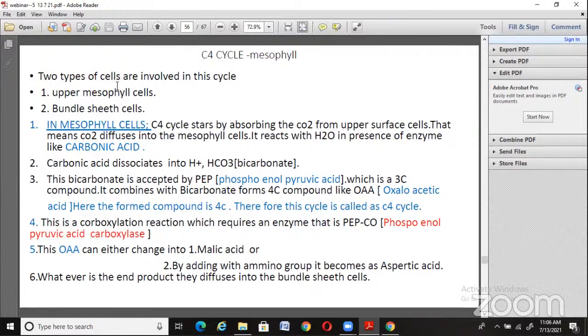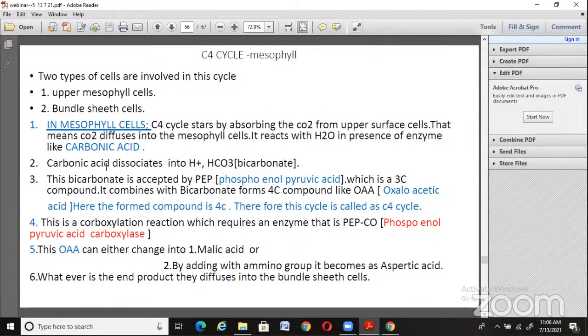So two types of cells are involved in completing this cycle. The first one is mesophyll cells and the second one is bundle sheath cells. In mesophyll cells, how does the C4 pathway undergo changes? The C4 cycle starts by absorbing CO2 from the upper surface of the cells.